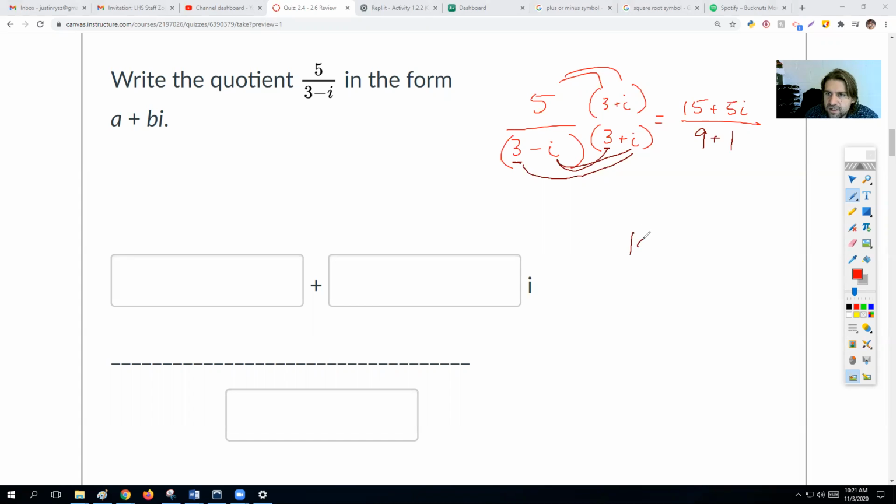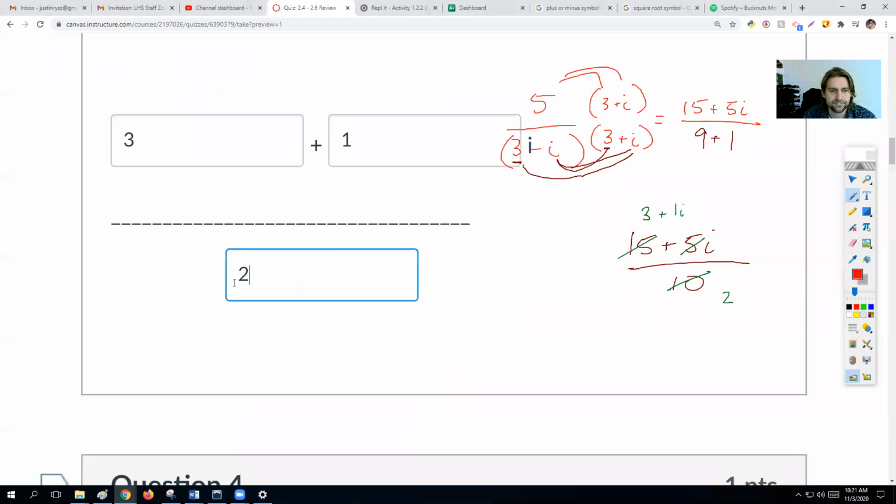So this answer comes out to be 15 plus 5i over 10. All we need to do lastly is see, does this reduce? Can we divide all of those by the same number? We sure can. We can divide them all by 5. So this should be 3 plus 1i all over 2.